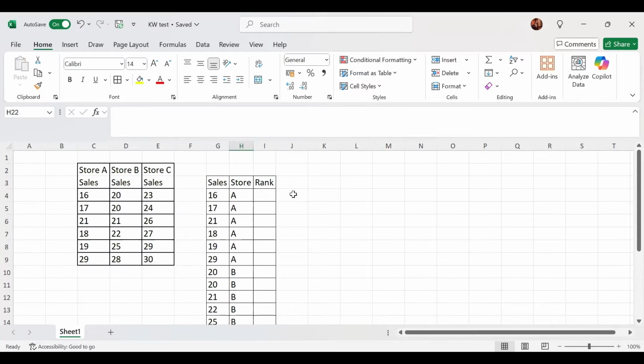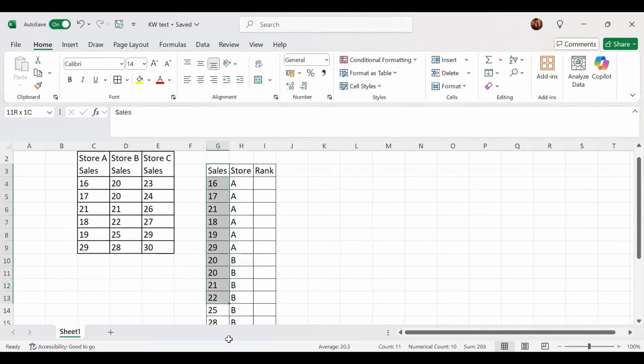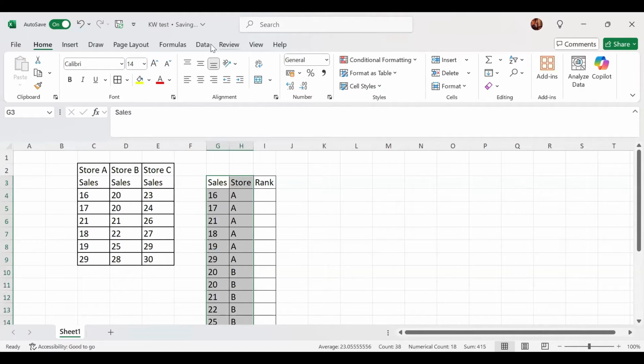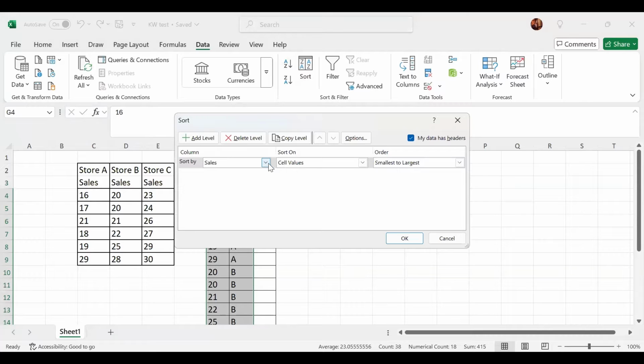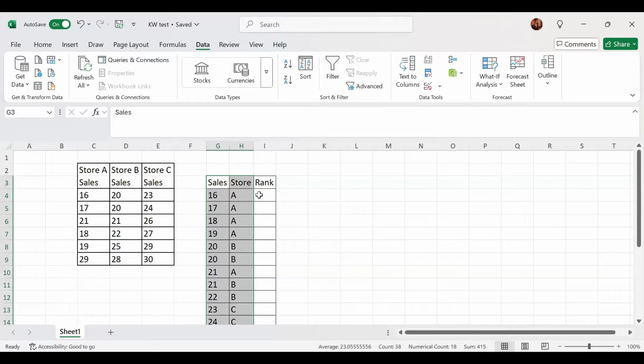Now we will arrange this in ascending order. So by sorting it, smallest to largest, we got 16 on the top.